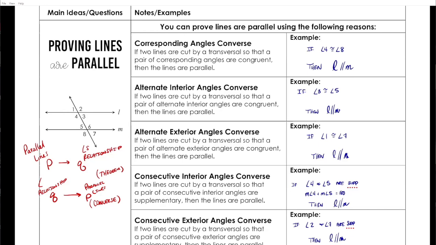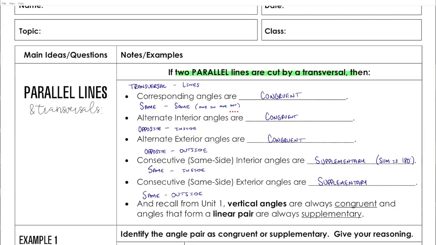Well, the way we learned our 5 angle relationships, which were alternate interior, alternate exterior, corresponding, consecutive interior, consecutive exterior, if you look at the highlighted portion, it says if 2 lines are cut by a transversal, but not just 2 lines, it's specifically in capital letters.